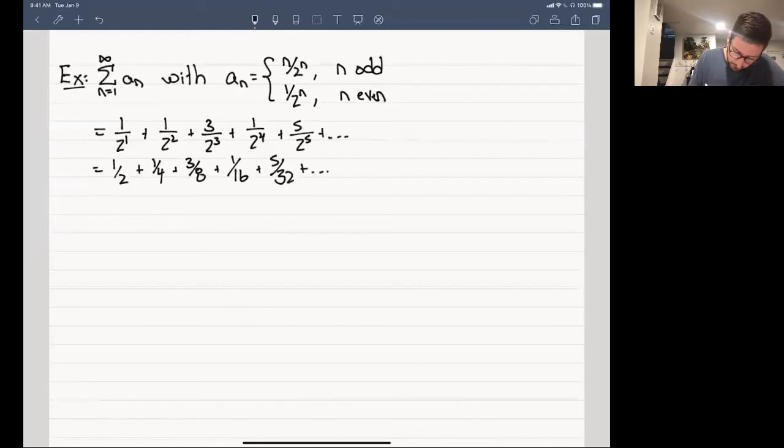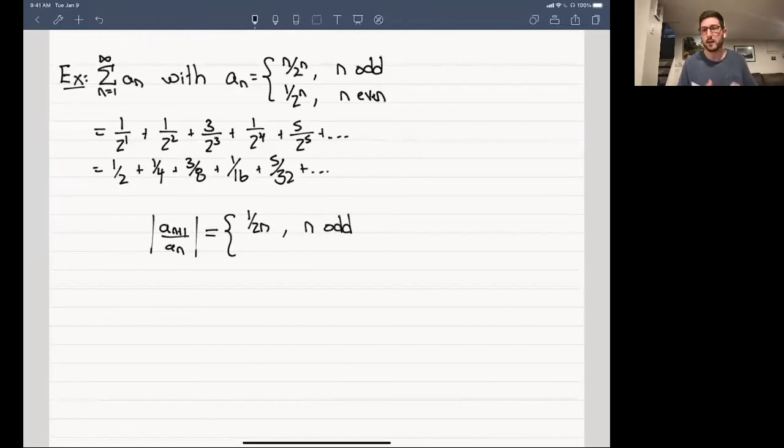Furthermore, I'm going to leave this for you to compute on your own, but you can see that if you try to use the ratio test here, you find that you get 1 over 2 to the n if you started with an odd number. So if n is odd, then n plus 1 is even, so you have this weird ratio. Or if you started with an even n, you get (n plus 1) over 2 when n is even.